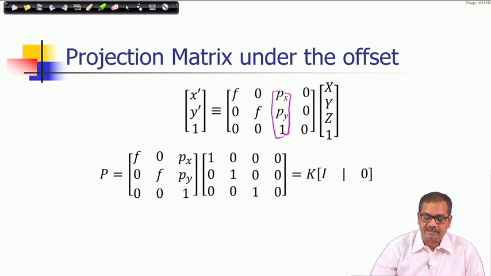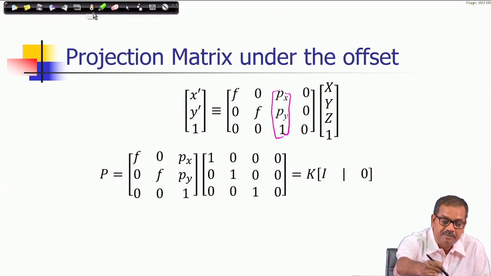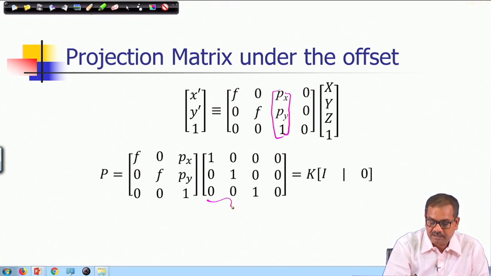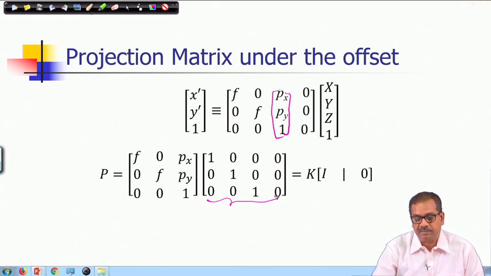So, once again you can decompose this matrix into the form I discussed earlier. You can see that this part remains the same, that is the canonical form of the projection matrix when your image plane is at a distance of unity in front of the camera center.